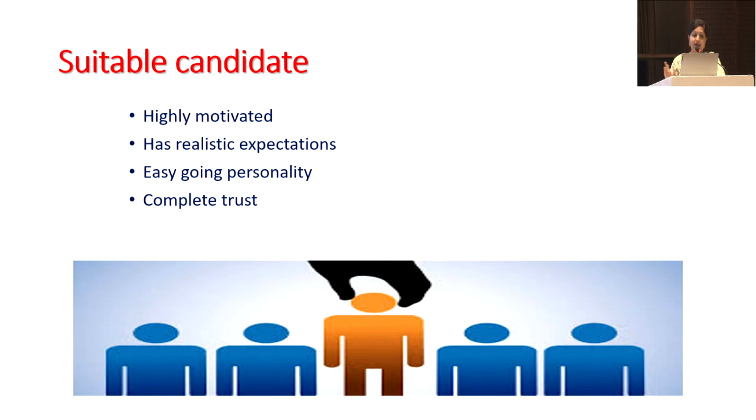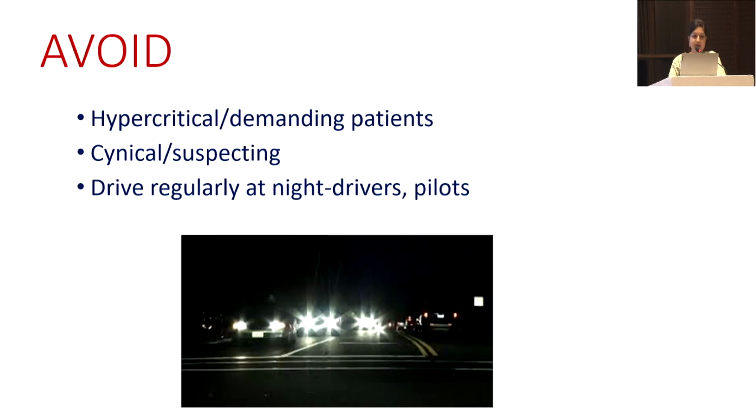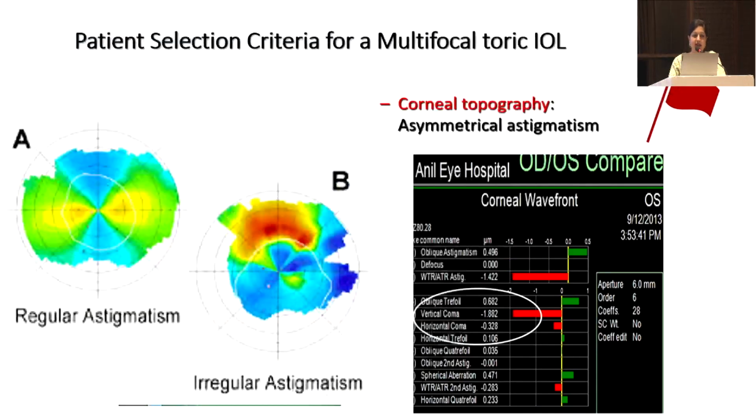So we have already seen how you can choose a suitable candidate, and a person who asks too many questions is too finicky and is going to keep coming back to you. Always ensure that you have a relative along with the patient, and explain to the relative equally, so that he understands what exactly the patient is going through and what he can expect. Avoid patients who are regularly driving at night, and very cynical, hypercritical patients.